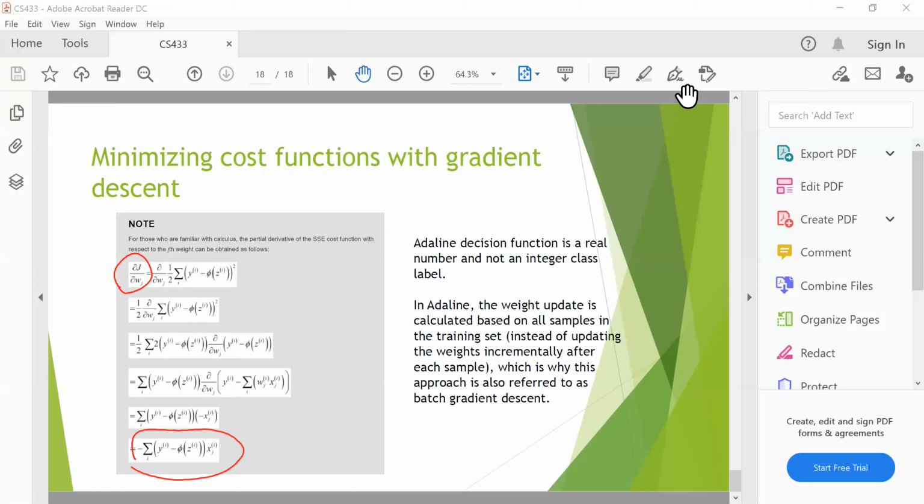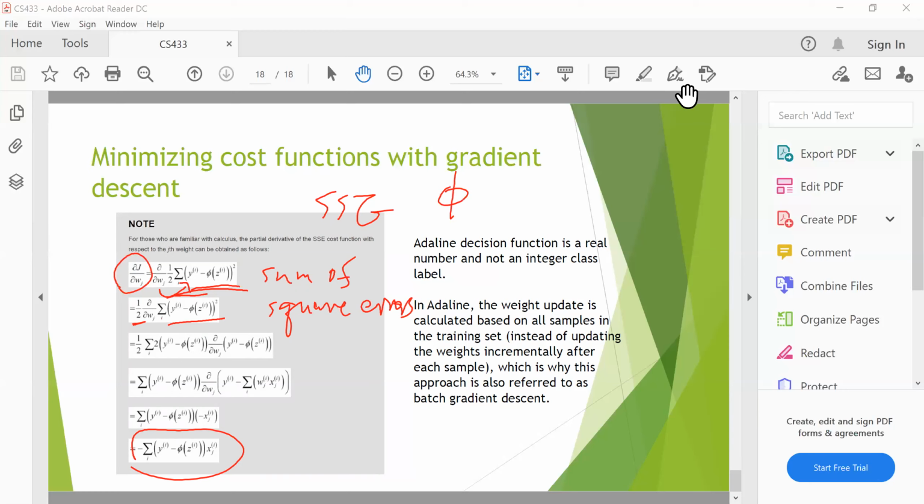We know this is the cost function, the sum of squared errors, SSE. And for the derivative, you can move this inside. So that's how this part works. Move the 1.5 out.